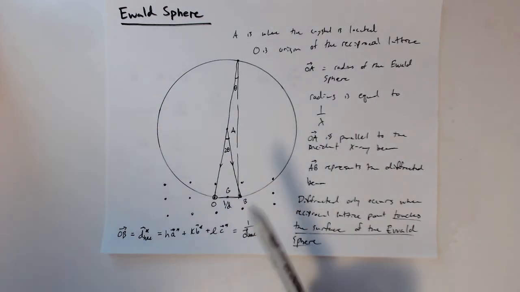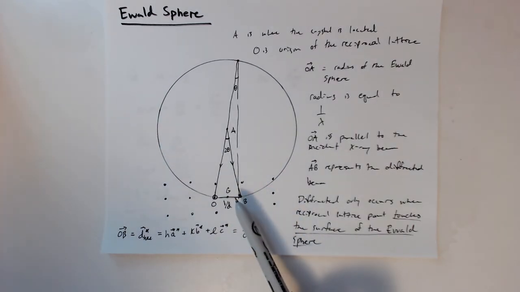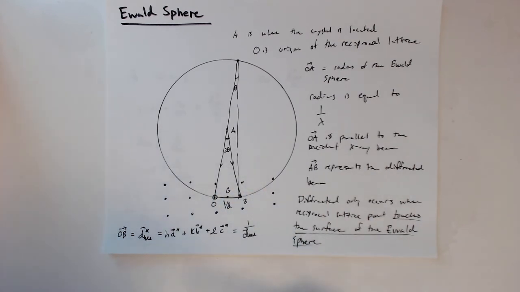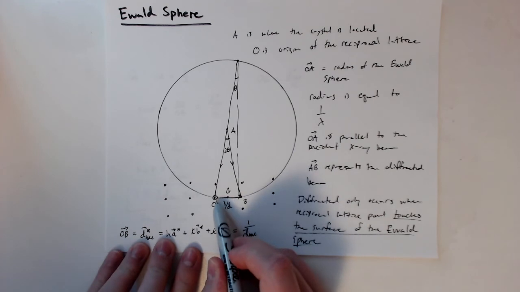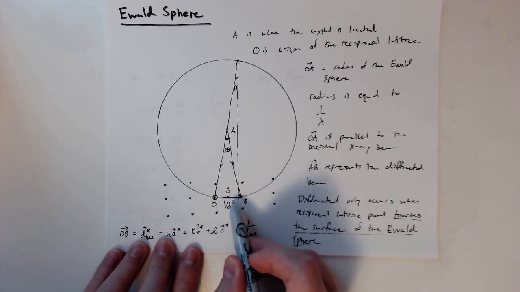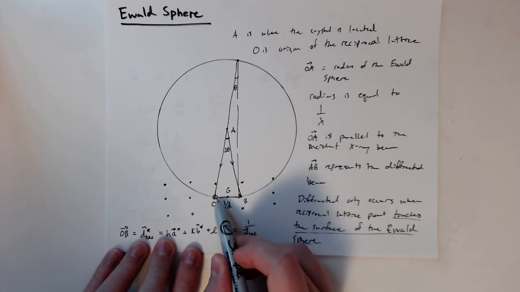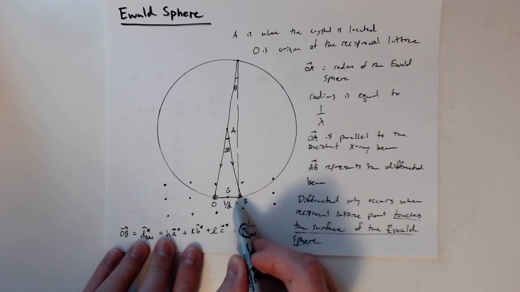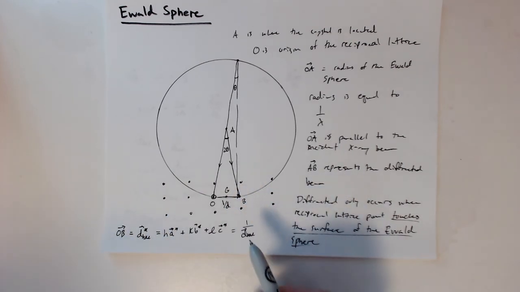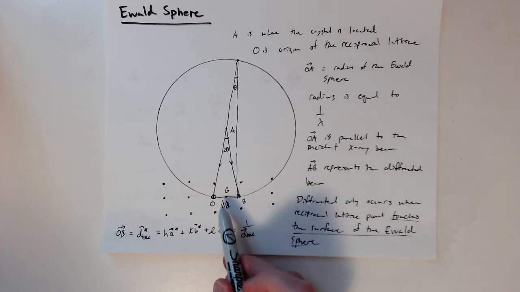All right, another point I want to make is, if we look specifically in this region down here, we can notice that the vector from O to B is obviously a line, but you can see that there's some curvature on the Ewald sphere, right? The curvature of that Ewald sphere cannot be neglected when we're comparing OB to that curvature.